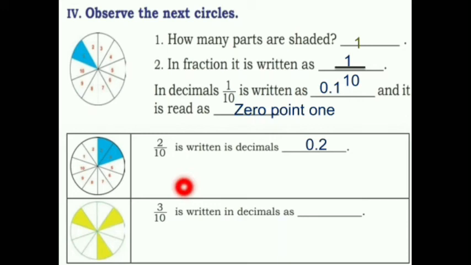Children, see this question. 3 by 10 is written in decimals as dash. Here the numerator is 3 and the denominator has 1 zero. So we should put the point after one digit. We write it as 0.3.